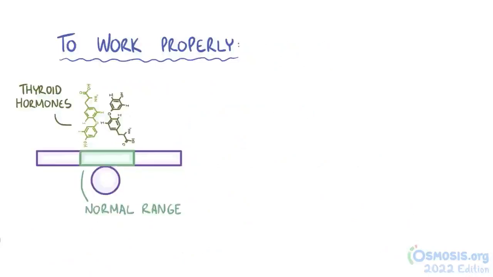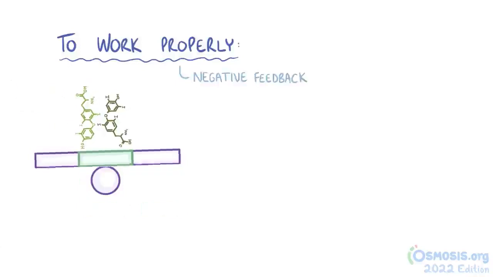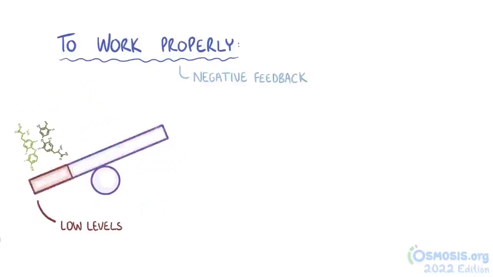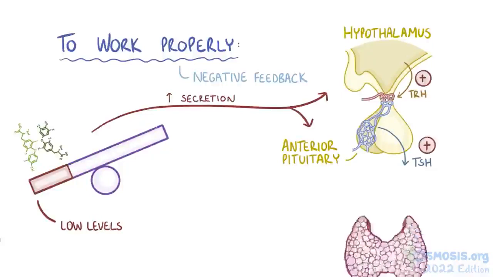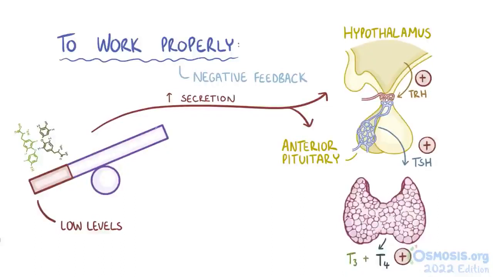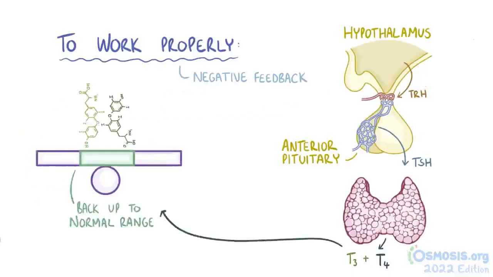To do that, the body uses negative feedback, which means that low levels of thyroid hormones tell the hypothalamus and pituitary gland to increase their secretion of TRH and TSH, respectively. More TRH increases TSH production in the pituitary, and the thyroid gland gets more stimulation to make thyroid hormones. And eventually, T3 and T4 levels go back up to the normal range again.